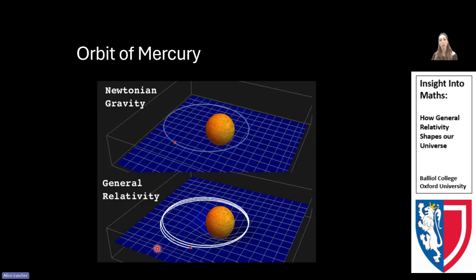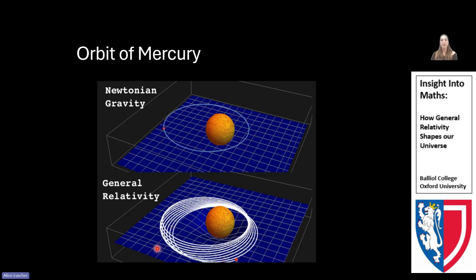And the first one, historically, was related to the orbit of Mercury. In the middle of the 19th century, people observed that when Mercury was going around its orbit, on the next turn it didn't take the exact same ellipse, but rather a slightly shifted one, which is called the precession of the orbit.